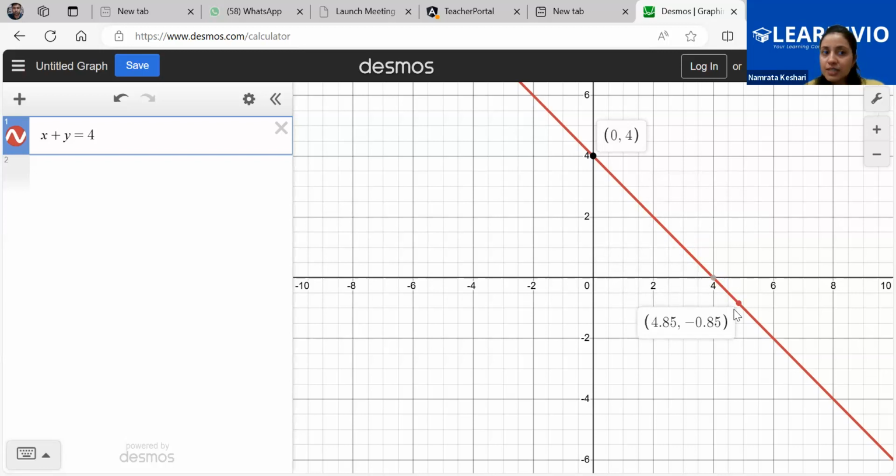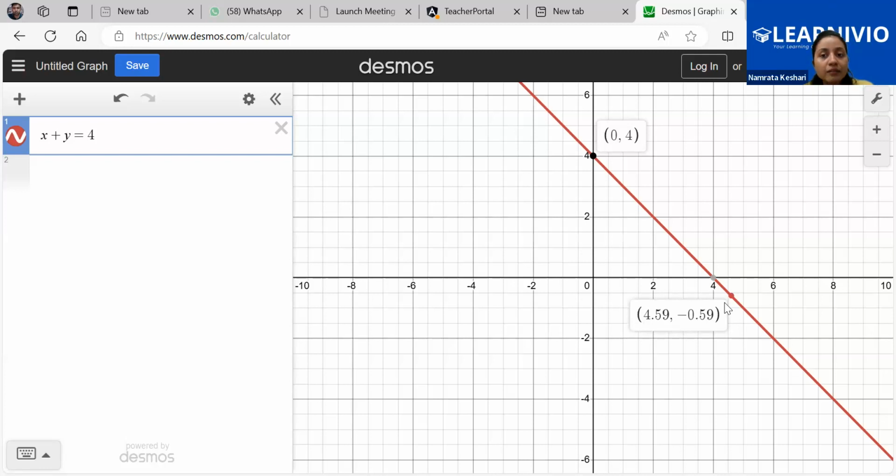That's why we say that whenever we have a linear equation in two variables, there are infinitely many possible x and y values, which we can see in the graph also. 4.62 and minus 0.62 is also one of the solutions.